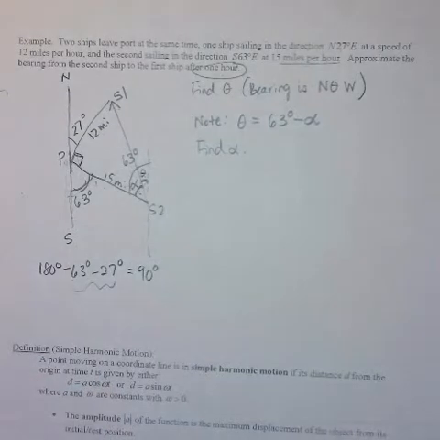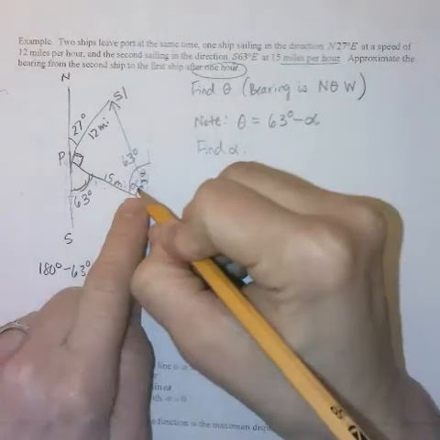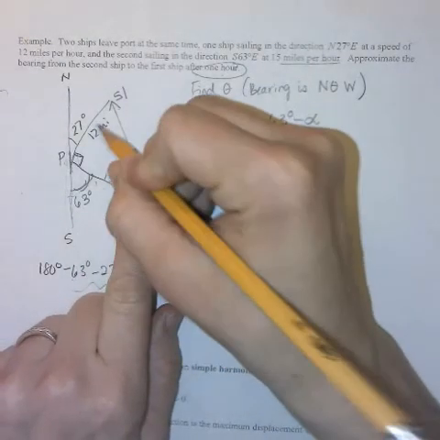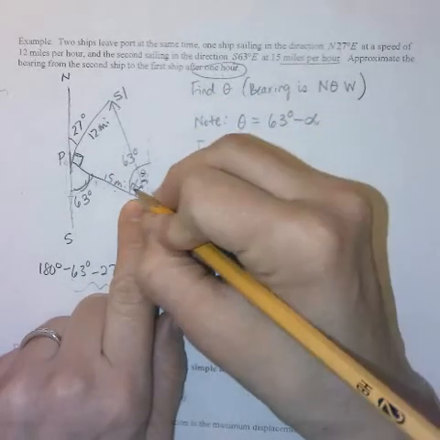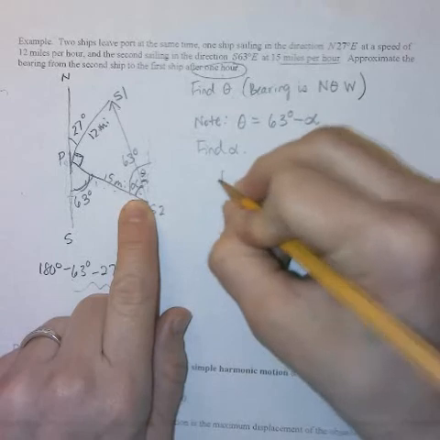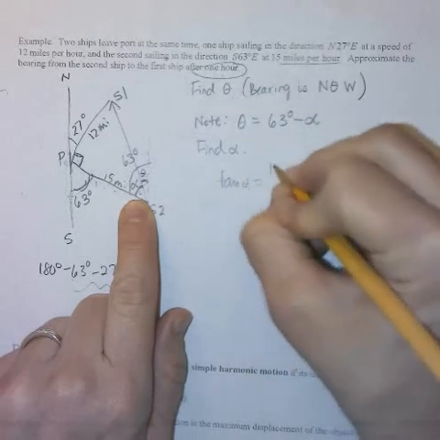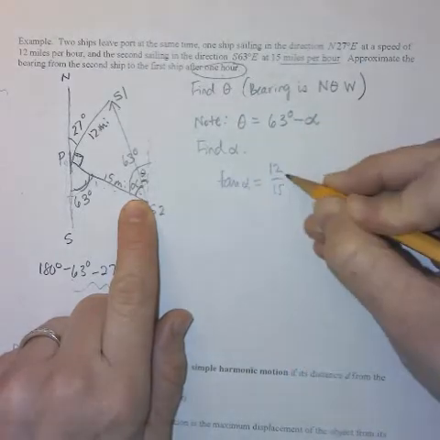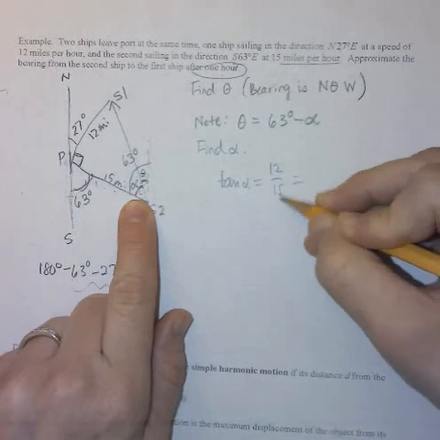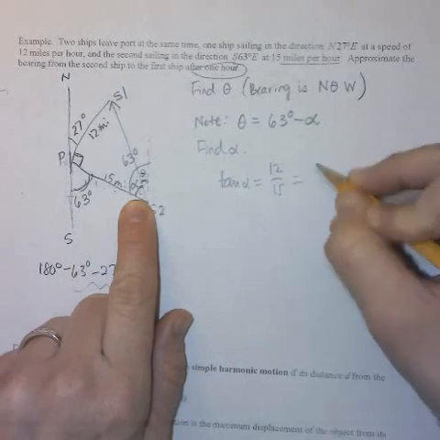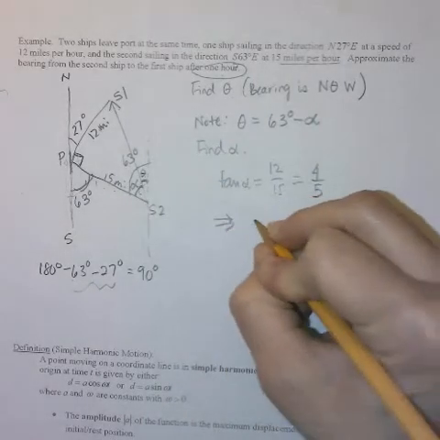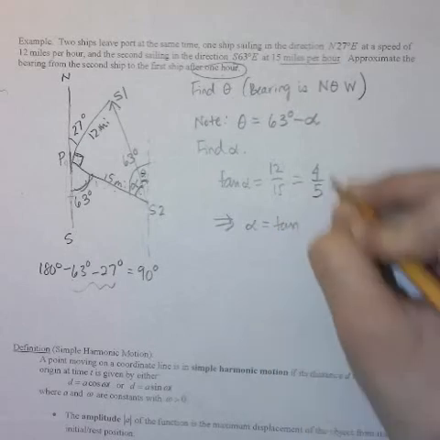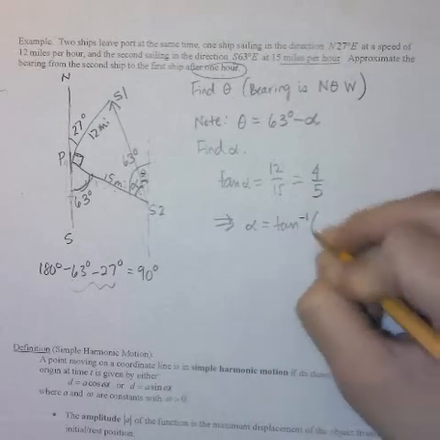Well, from the point of view of alpha, we know these two sides, that's opposite over adjacent. So this triangle implies that the tangent of alpha is 12/15, which we could reduce, they're both divisible by 3, to 4/5. And so we'll use tangent inverse. Again, this is not an output for one of the special angles.